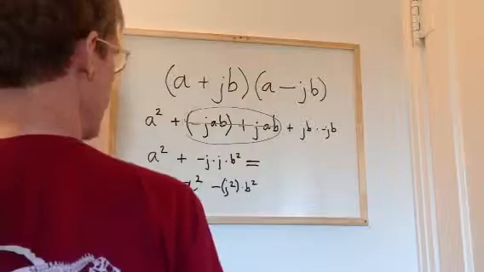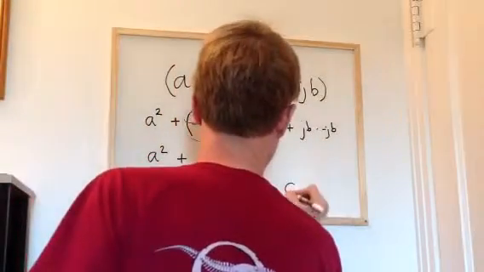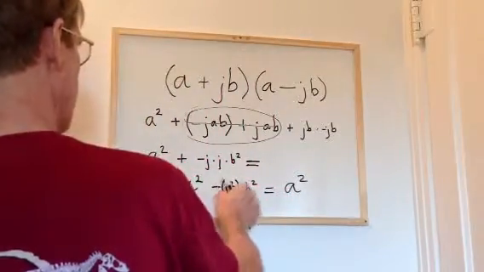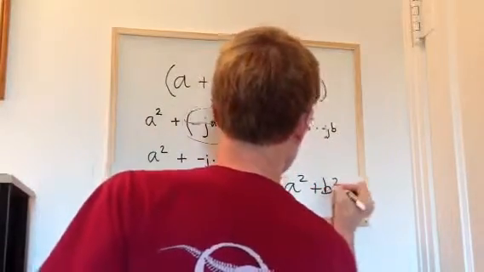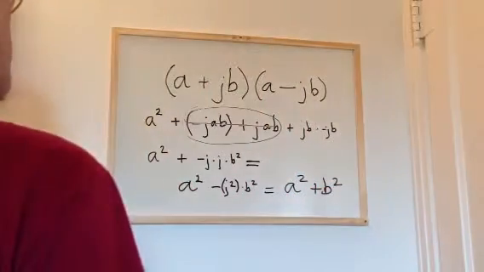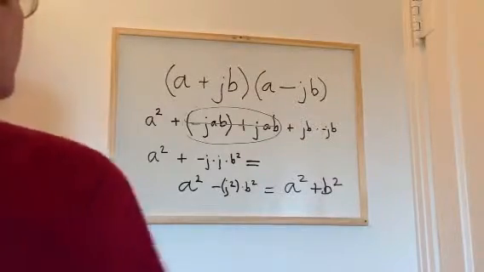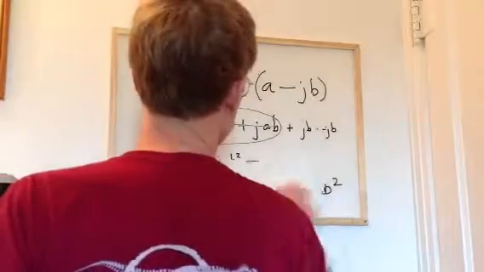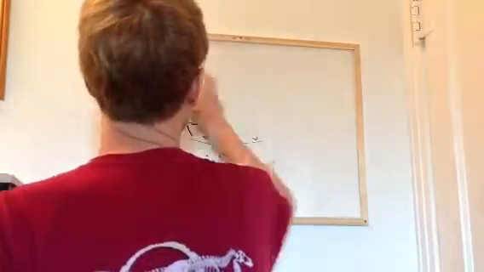So what we get here is A squared minus a minus B squared, or plus B squared. Interesting. Again, we get a pure real number when we multiply a complex number by its conjugate.